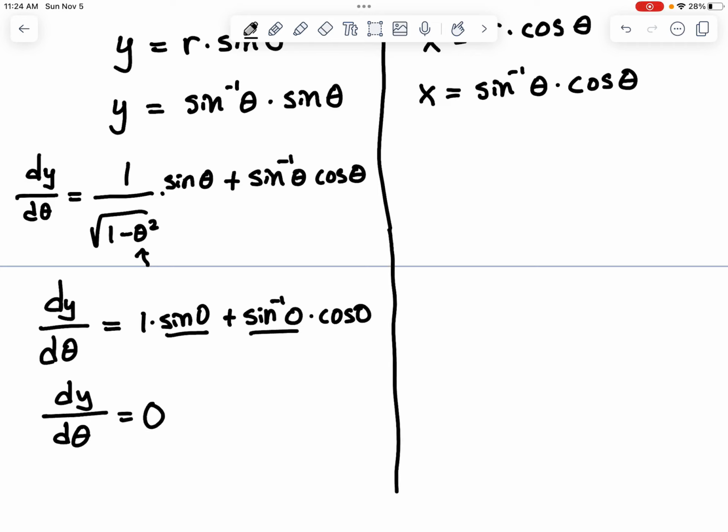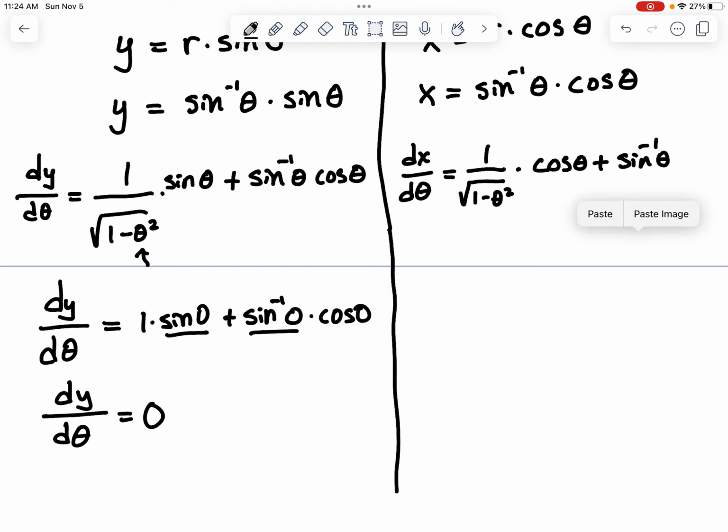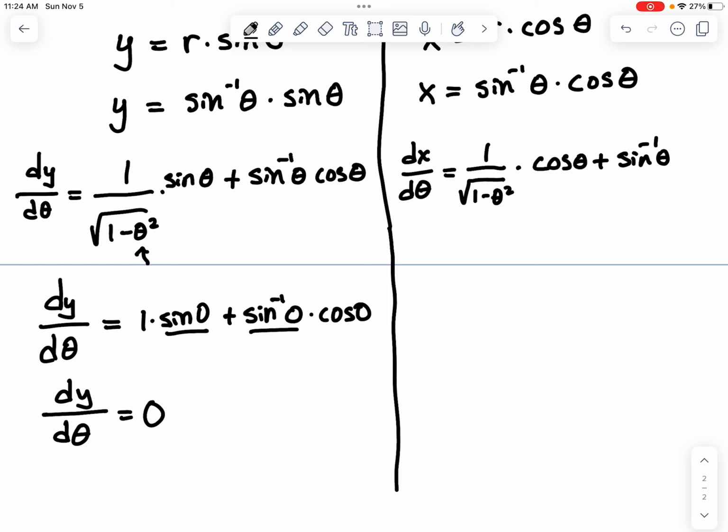Now do the same thing on the right side. So the derivative of the x function with respect to theta is going to be almost the same. The derivative of sine inverse will be 1 over the square root of 1 minus theta squared. And then leave the cosine function alone. And then plus, leave the sine inverse function alone. And then we would need the derivative of cosine. So that would be negative sine of theta. And then plug in the 0.